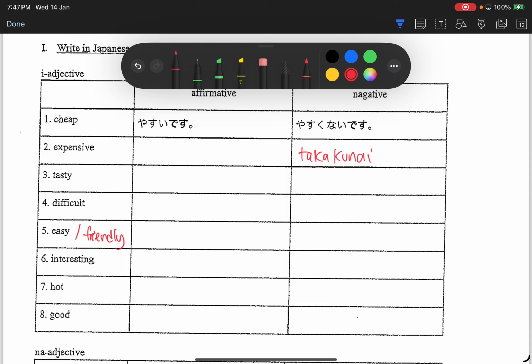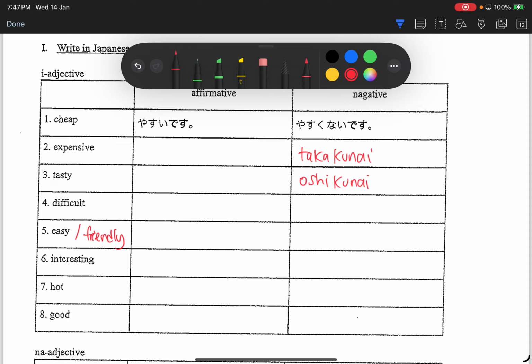Oishii desu. Then negative. Oishikunai desu, thank you. We still have one more e, so we keep the e sound. But for the previous one, there is no more i after we remove the one, so we cannot say takai kunai. Takakunai, not takai kunai.